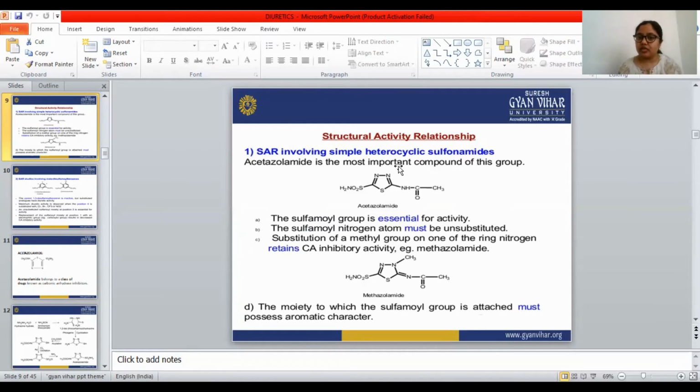If we substitute a small group, meaning a CH3 group, it still shows carbonic anhydrase inhibitory activity. When we substitute the CH3 group here, it becomes methazolamide, and methazolamide and acetazolamide both show carbonic anhydrase inhibitor activity.